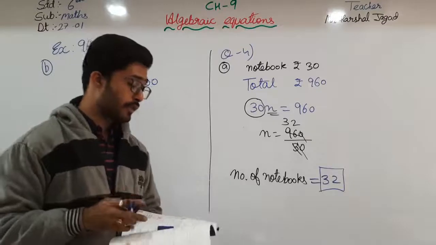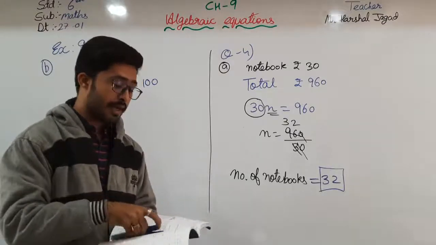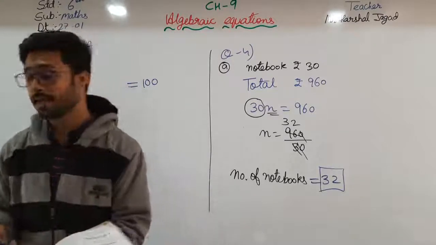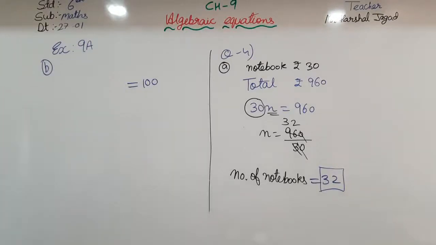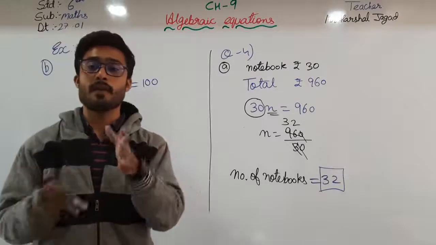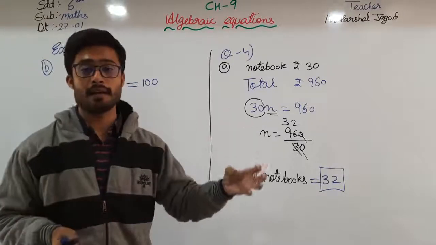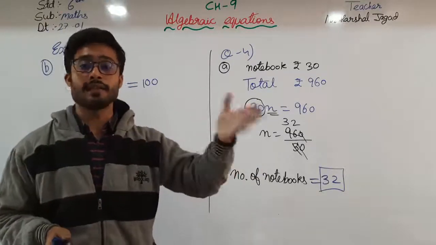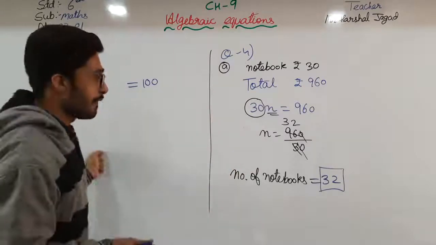There were 17 mangoes added to make that basket full of 100 mangoes. So we have to find out how many mangoes were there before the addition of these 17 mangoes.